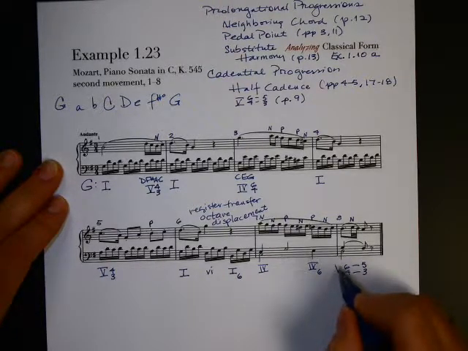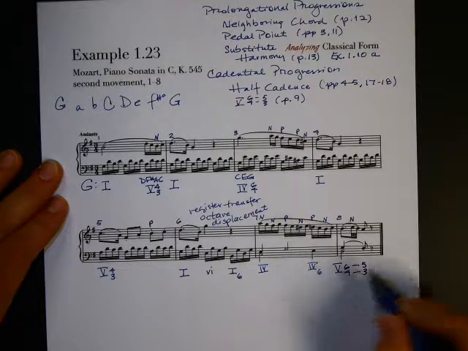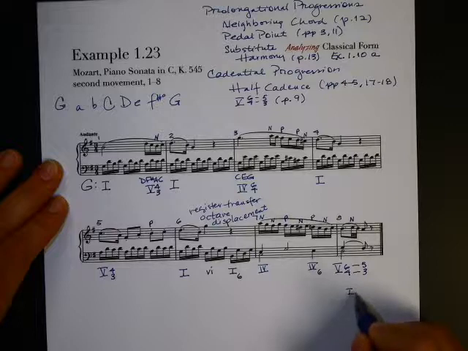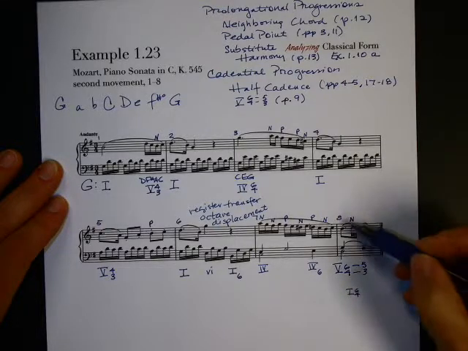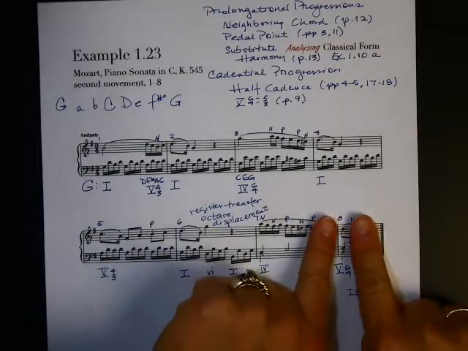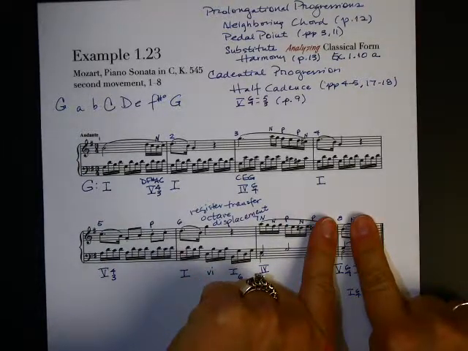You may have learned that a cadential 6-4 goes with the Roman numeral 1 6-4. Why? Because if I'm just looking at letter names and only at that particular collection of pitches that falls on the downbeat of measure 8, then I'm going to say it's a G B D chord.